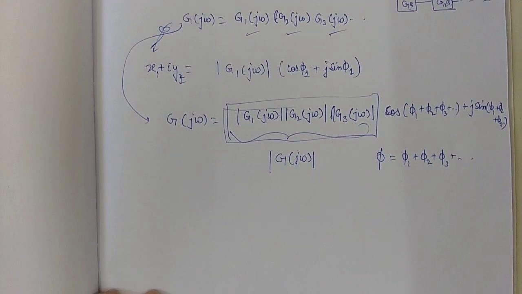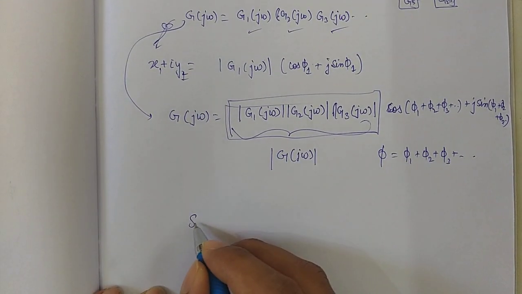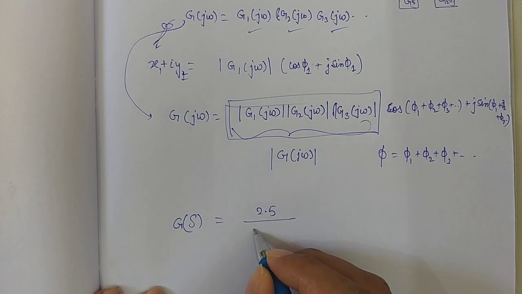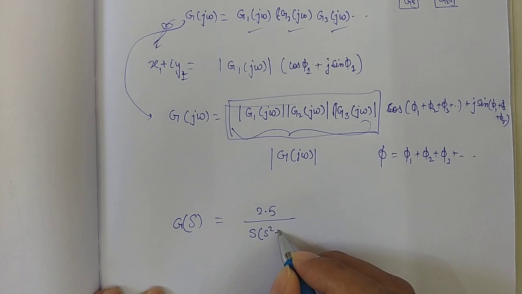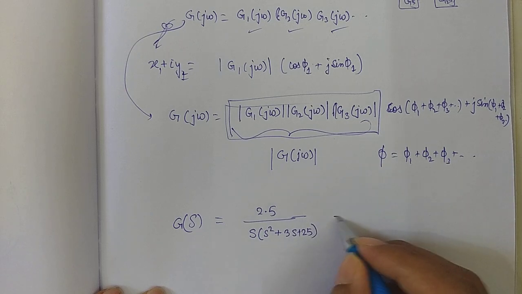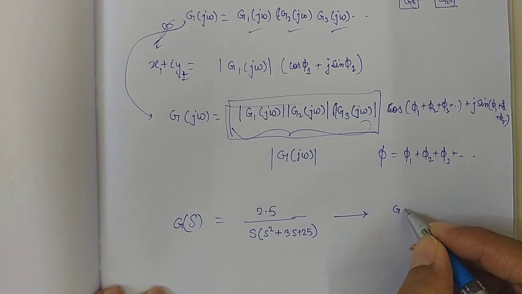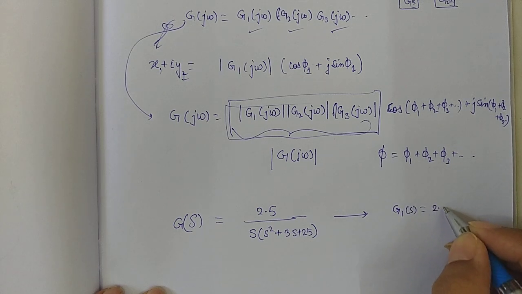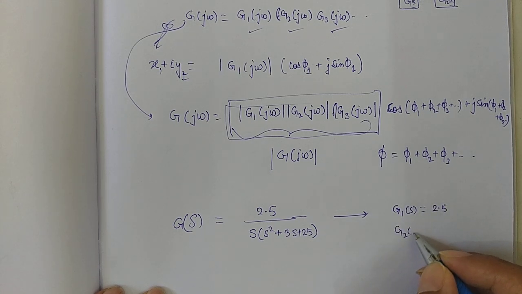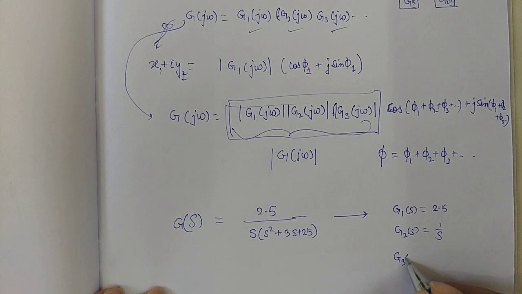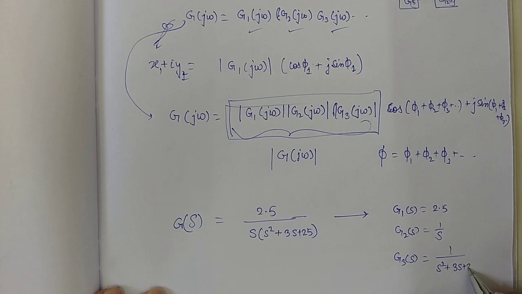So let's take a quick example. Let's suppose my G(s) is 2.5 divided by s times (s square plus 3s plus 25). Here we can split things in this manner: G1(s) is equal to 0.5, that is a constant, G2(s) is equal to 1 upon s, and G3(s) is equal to 1 upon s square plus 3s plus 25.